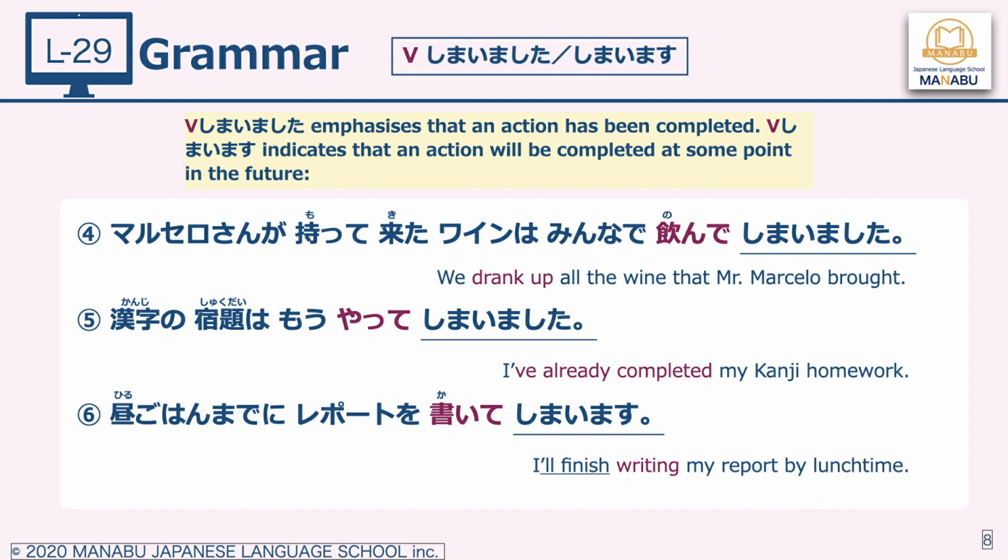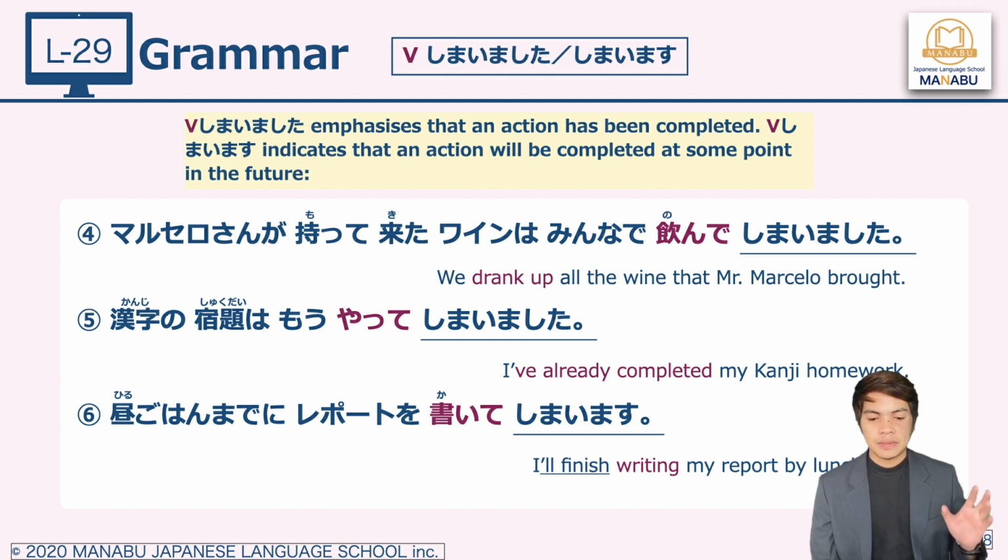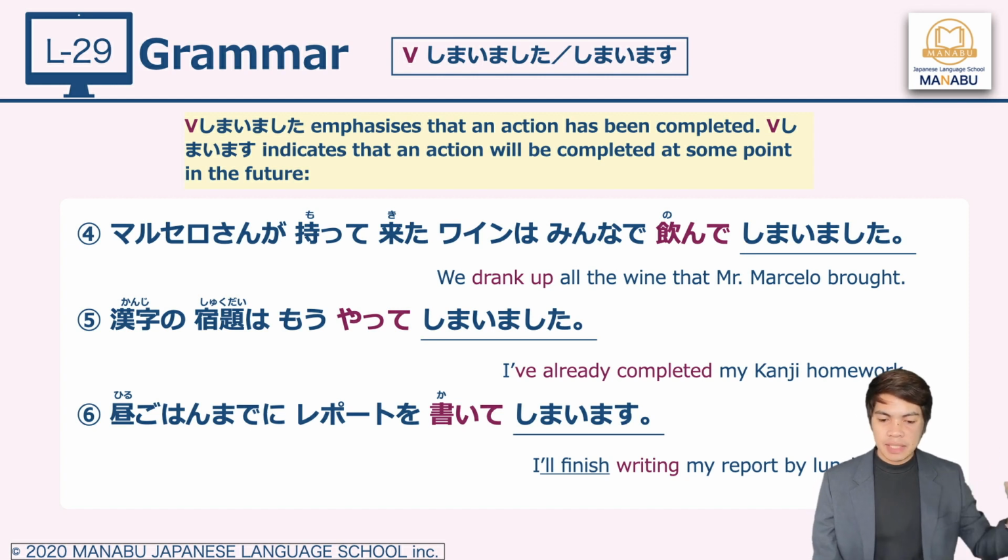Example number 6, hirogohan made ni reporto o kaete shimaimasu. So now we will use the shimaimasu. When the verb is in masu form, it means that it will happen, unlike the te shimaimashita, which is already completed. So the verb te shimaimasu will be completed at a certain point of time.